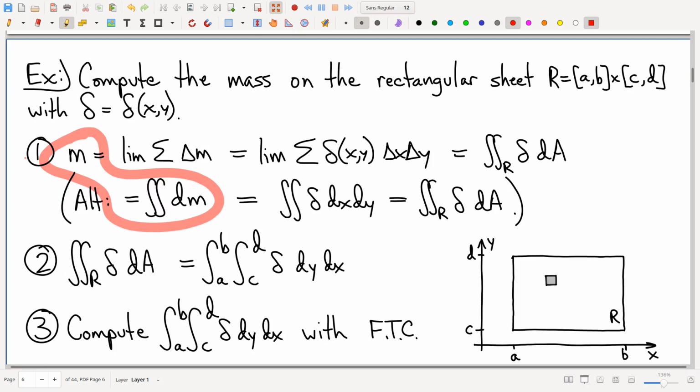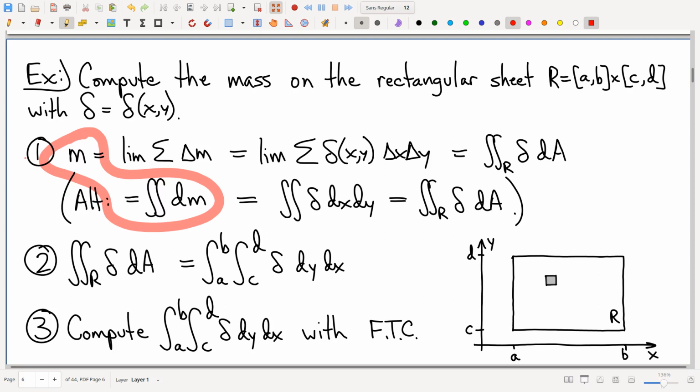And keep in mind, when you see double integral dm, this is just a shorthand for saying that the mass is the limit of the summations of these little pieces of mass that I'll be approximating. It's just a shorthand notation, but isn't it nice? Isn't it more compact and convenient?